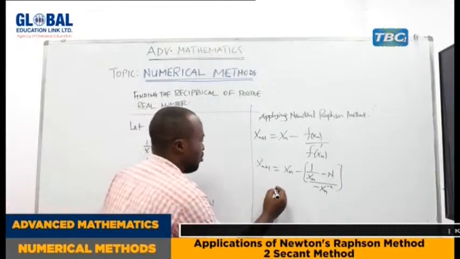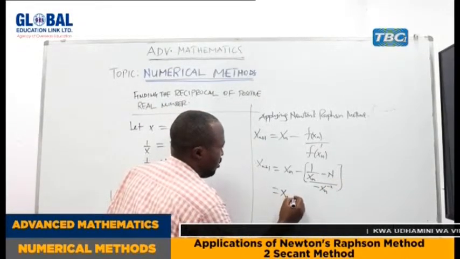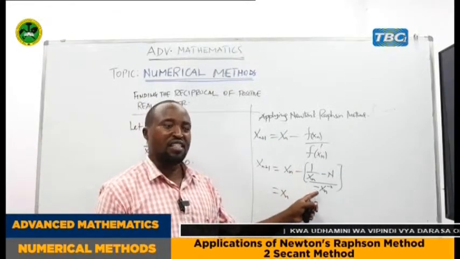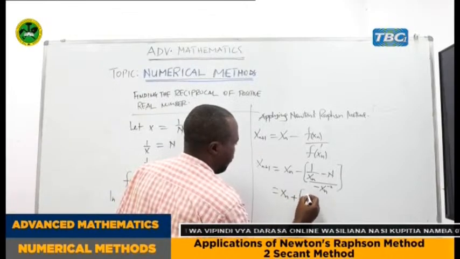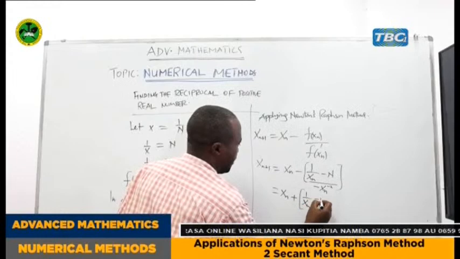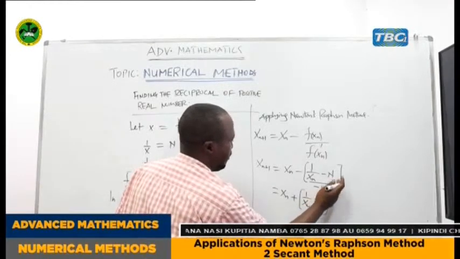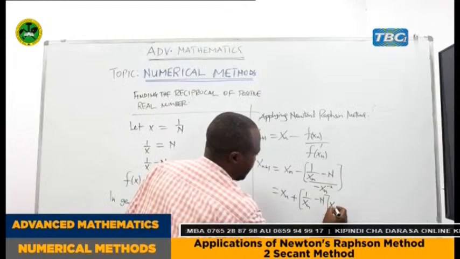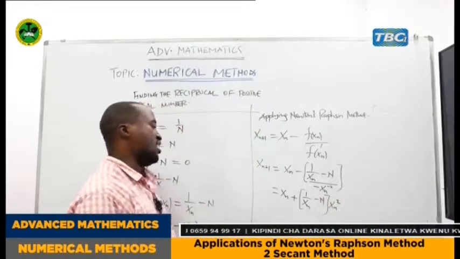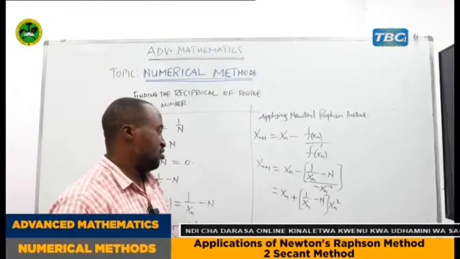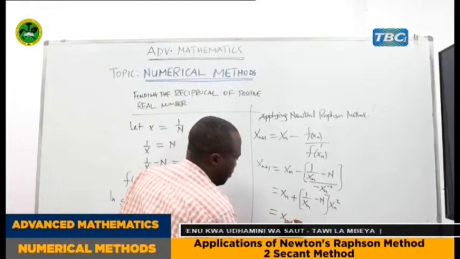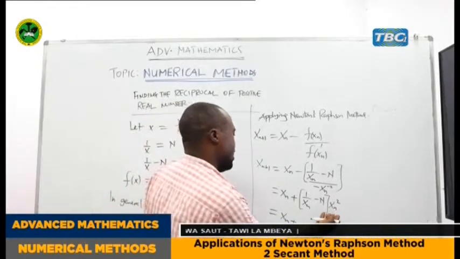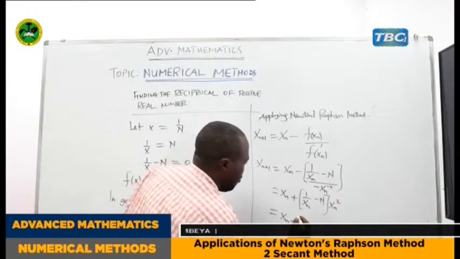So again, we are going to have xn, that is negative divided by a negative, that is a positive. So it will be plus 1 over xn minus n, and again we shift this one, it will be xn squared. So now we can open up the bracket by saying xn plus, now here we have xn squared times 1 over xn, which is going to be xn.